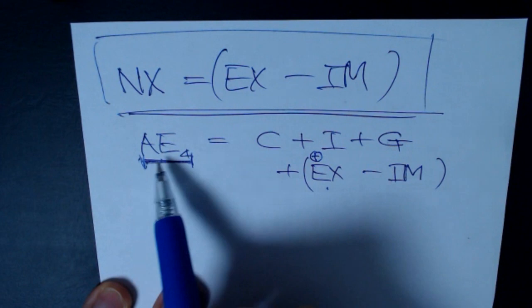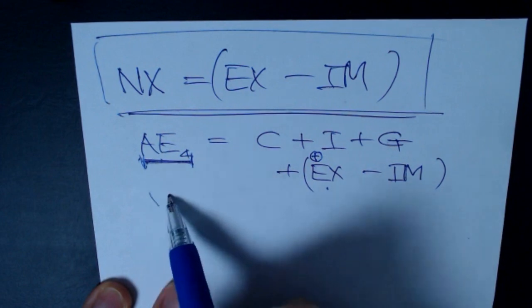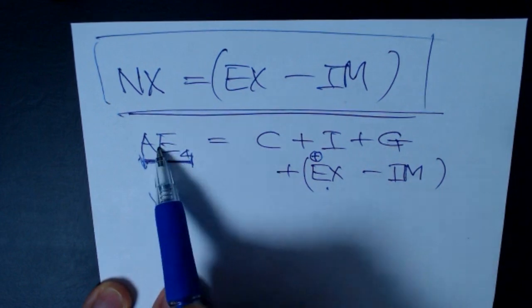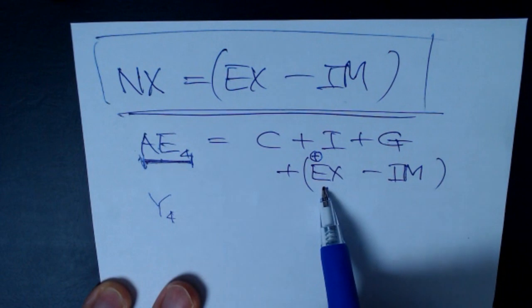So to increase aggregate expenditure and, as a result, national output, Vietnam is supposed to export more and more. That's what your economy is relying on at the moment.